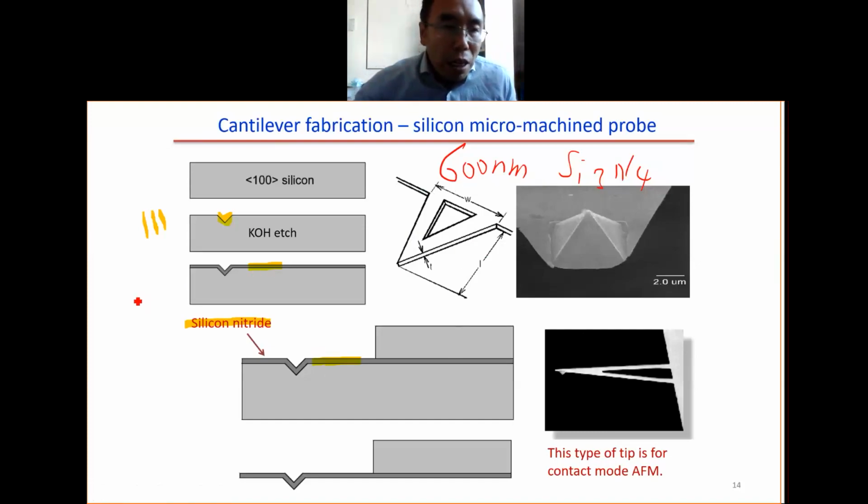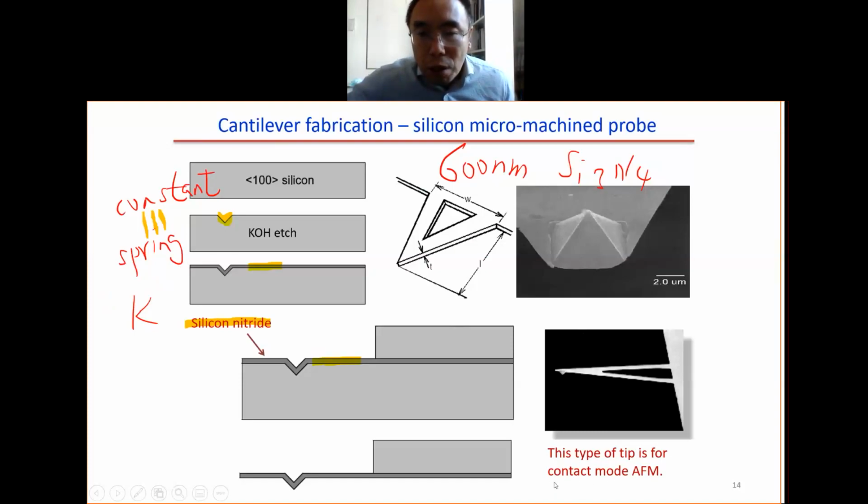If we have a very thin cantilever, you get a very small force constant, a very small spring constant. This is good for the contact mode. For contact mode measurement, we need a small force, otherwise the sample will be damaged.